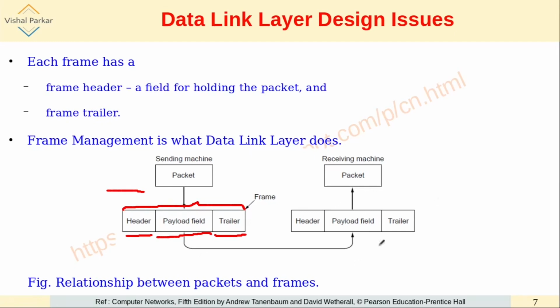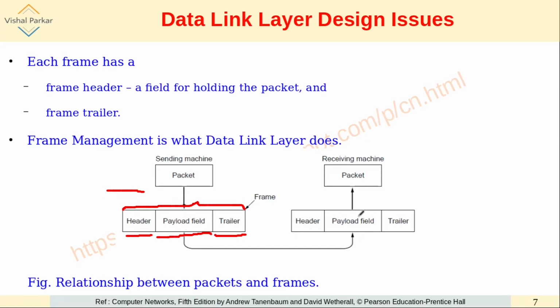At the destination machine, the physical layer will transfer the bits to the destination machine's data link layer, which will assemble those into frames. Logically, the data link layer at the sending machine assumes that whatever frame I am sending will be received by the data link layer at the destination machine.